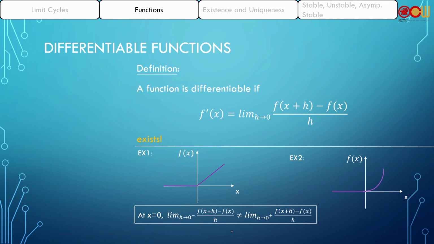Is this function differentiable or not? Yeah, right. So this is an exponential function. So it's differentiable everywhere. And in this function, it's differentiable everywhere except at 0. And is it continuous? Is this function continuous? It's continuous. Continuous doesn't mean it's differentiable, right? But differentiable means it's continuous.